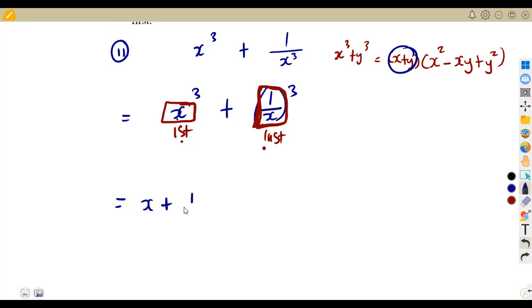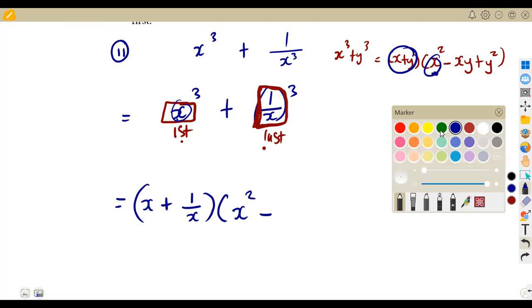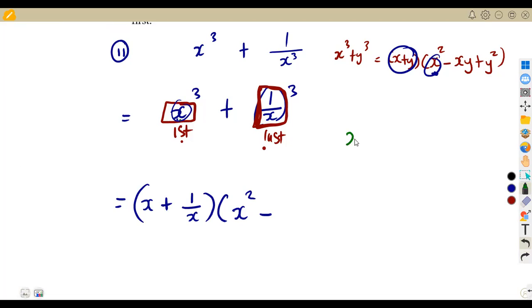All right. Then we move on to the other part, which is x squared, the first term squared. So it's going to be x squared minus the product of first and last. So we have first, which is x, times last, which is 1 over x.